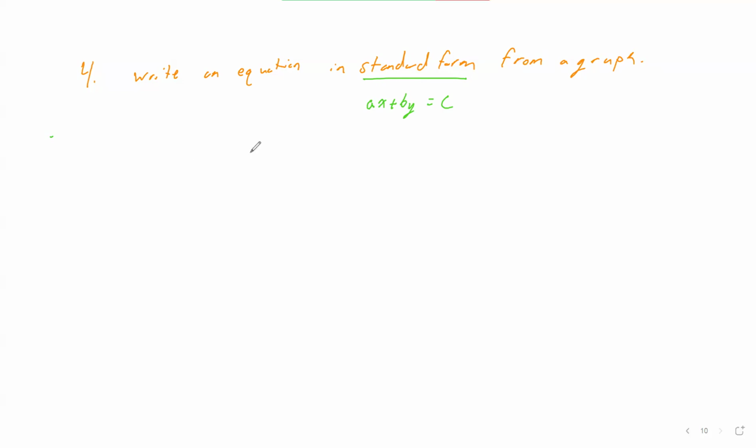All right, so here we go. So here's my attempt at the graph. There's a point right there at 3, 0. And a point at negative 2, 2.